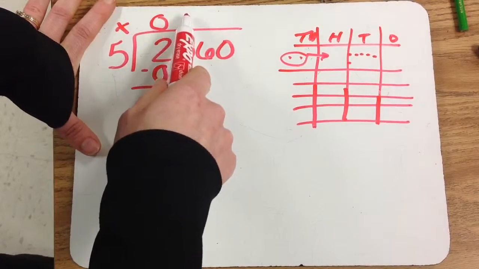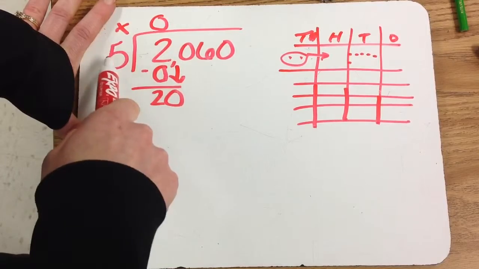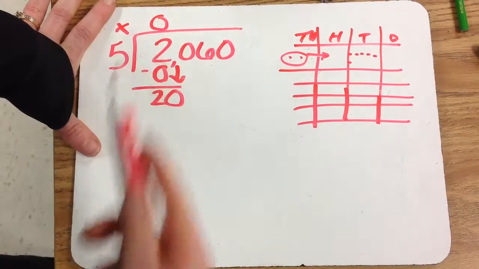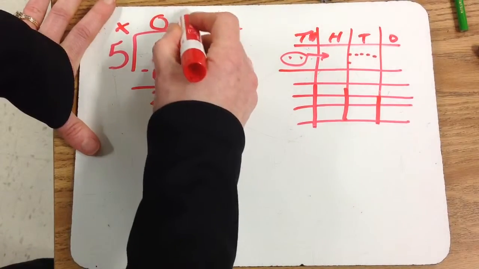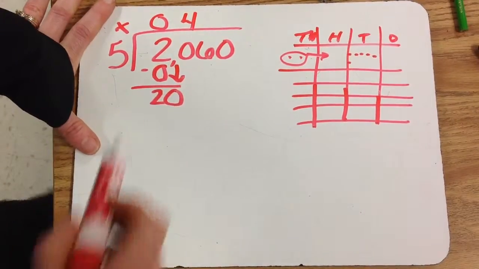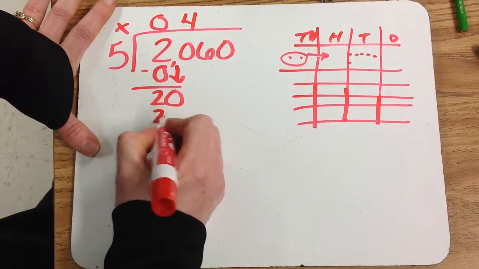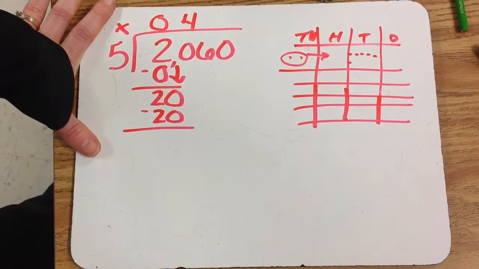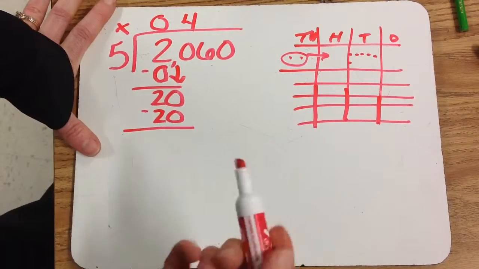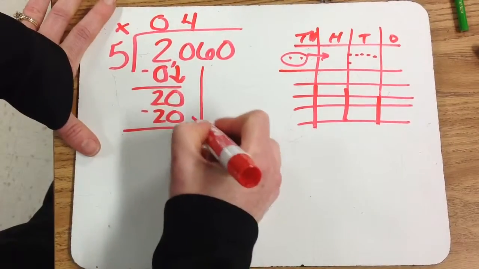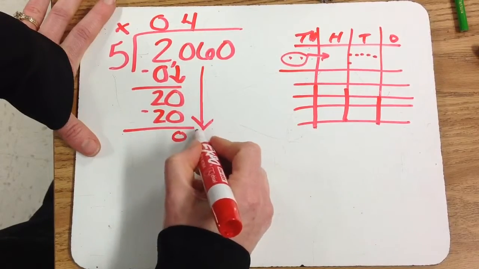How many hundreds do I need to have spread out between my 5 groups? Well, hopefully I would have 4 hundreds in each group. 4 times 5 is 20. 5 times 4 is 20. That gives me 20. Subtract, bring down that 6.